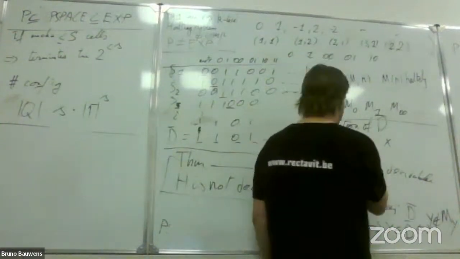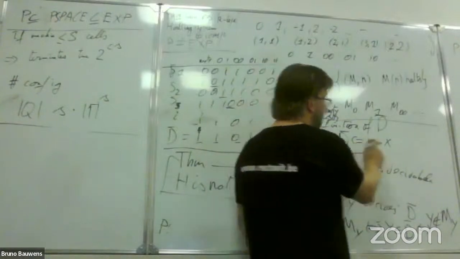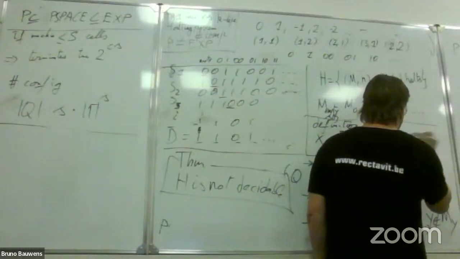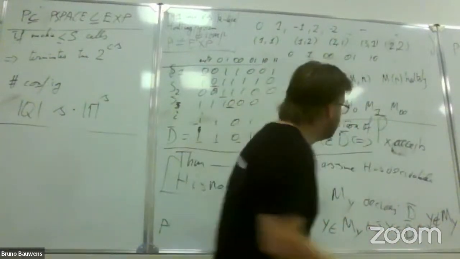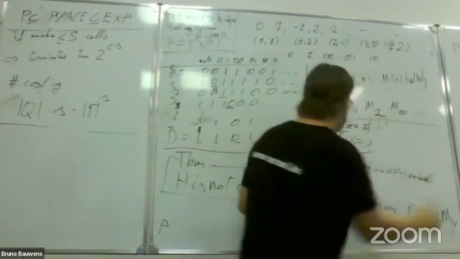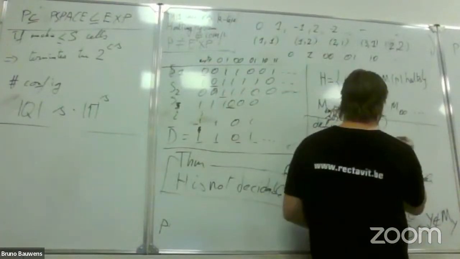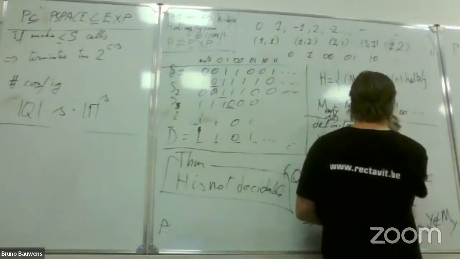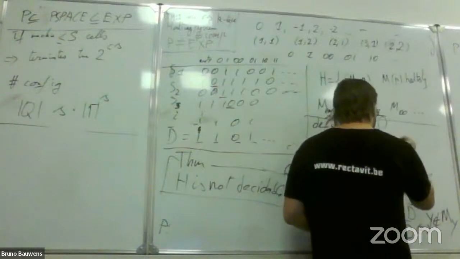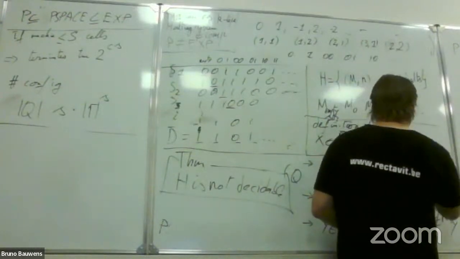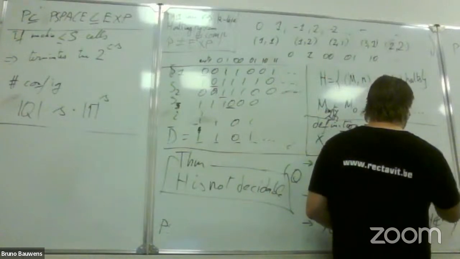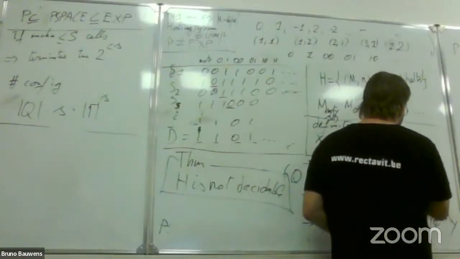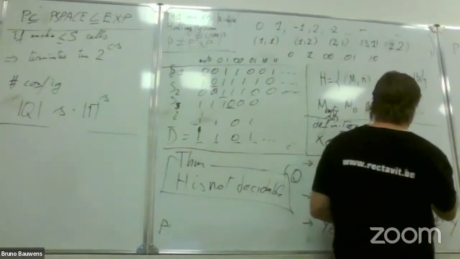And so we say that X is in the inverse diagonal if MX rejects X in time, okay, I will say simulated time. There are some subtleties.